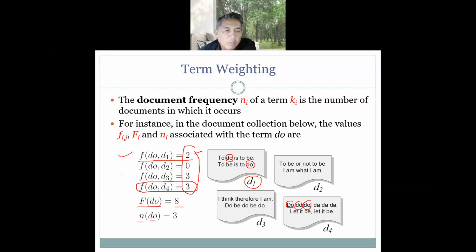We have document 1, document 3, and document 4, so we have 3 documents. This is how we quantify the word in each document using the frequency of term occurrence.